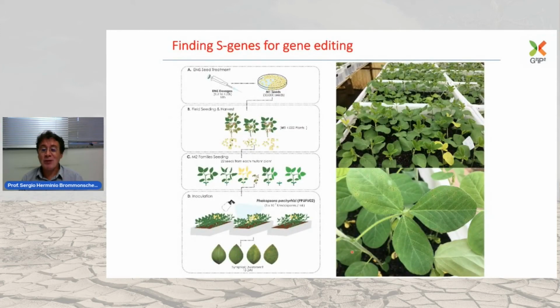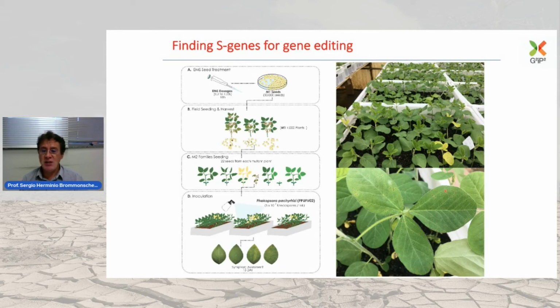How are we looking for targets? We are doing a very broad mutagenesis study. We have mutagenized a susceptible soybean variety or genotype. We use ethyl methanesulfonate, and we are screening this population with a specific isolate, looking for a gain of resistance.